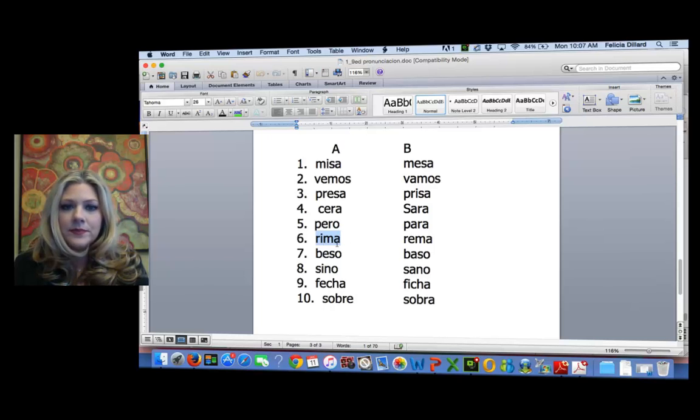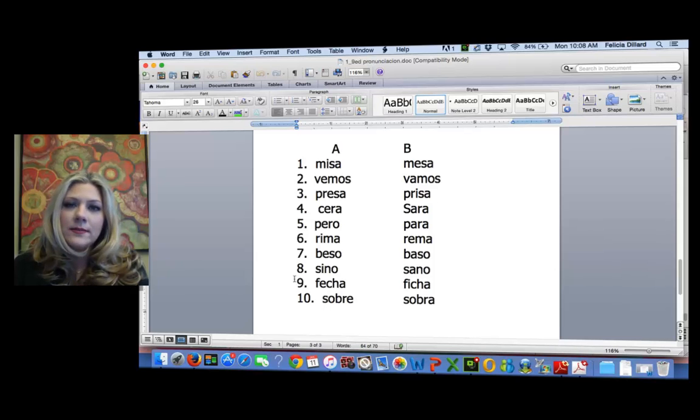Rema. 7, peso. Peso. This is peso. This is vaso. 8, sano. Sano. This is sano. This is sino. Sino.